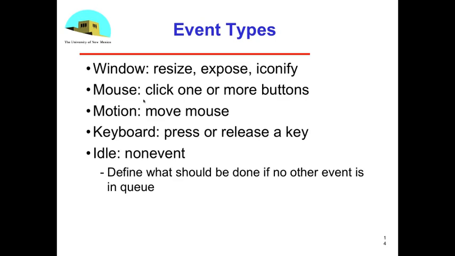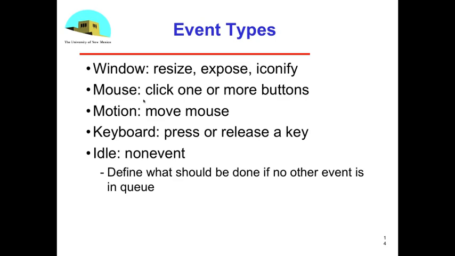So that's the idea, that this measure process could be going on all the time within the operating system and the browser, and you don't actually see it until you need it, but it's happening. Just moving the mouse without clicking any buttons is another type of event, called a motion event. Obviously, you have keyboard events. You can distinguish between pressing a key and releasing a key. They're distinct events in most systems.